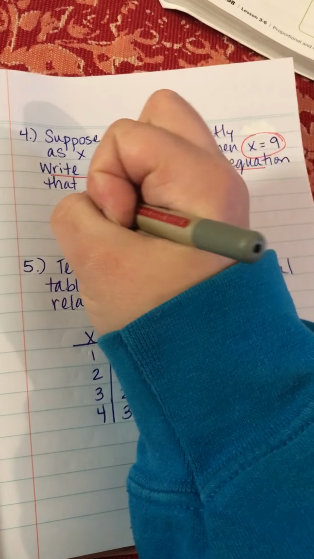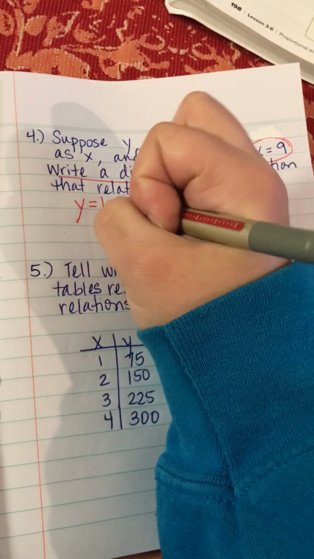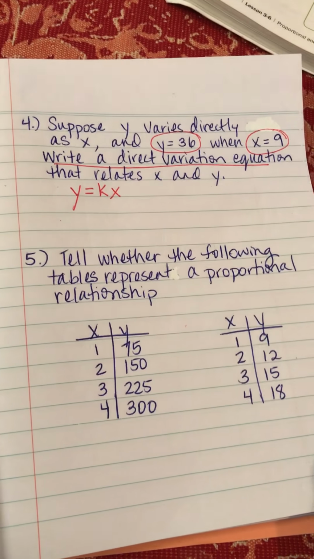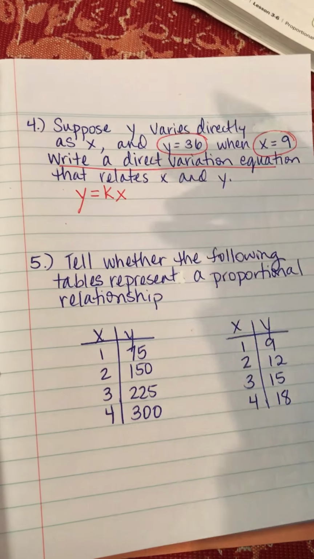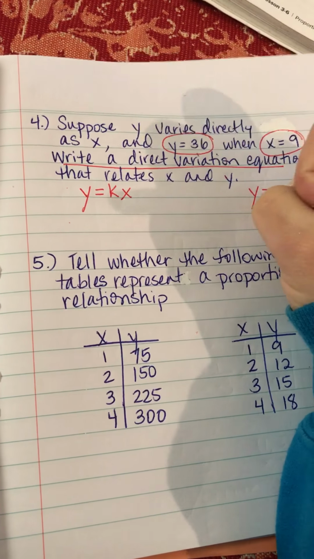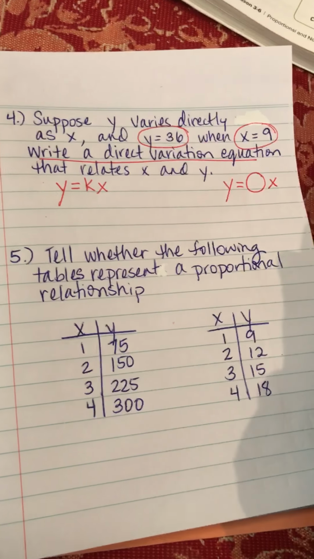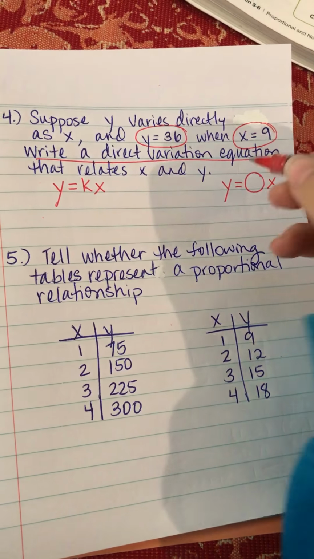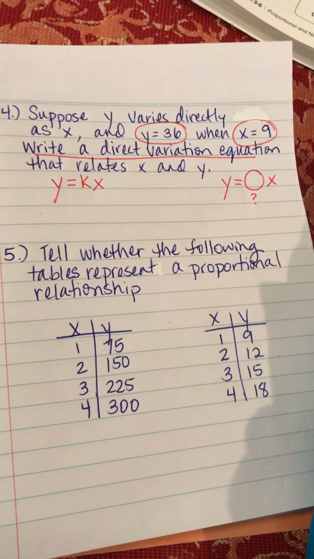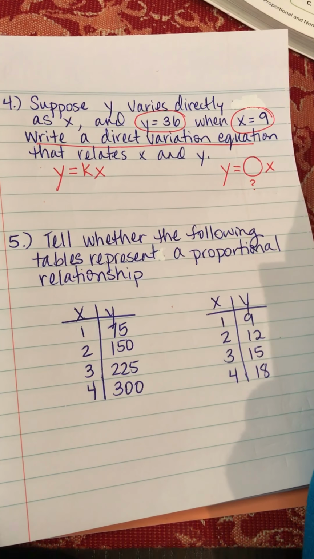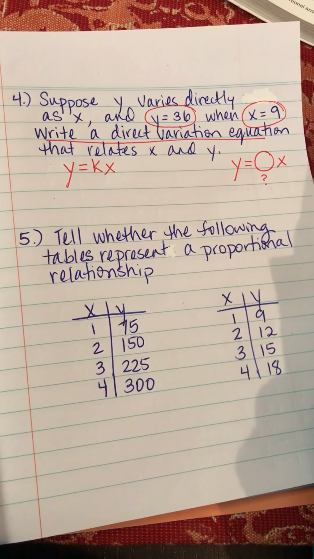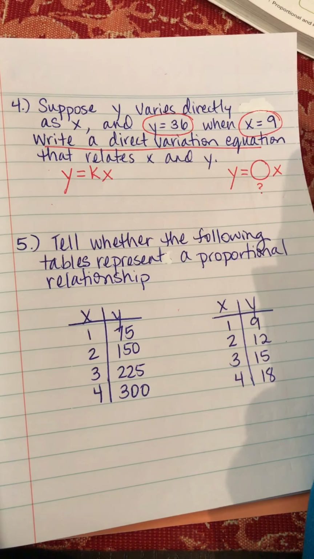Remember, the equation for direct variation is y equals k multiplied by x. So my final answer is going to be y equals, I'm going to have a number here and then an x. But I need to find out what this number is. It's the constant of variation, or the constant of proportionality. Okay, but I don't know what it is yet.